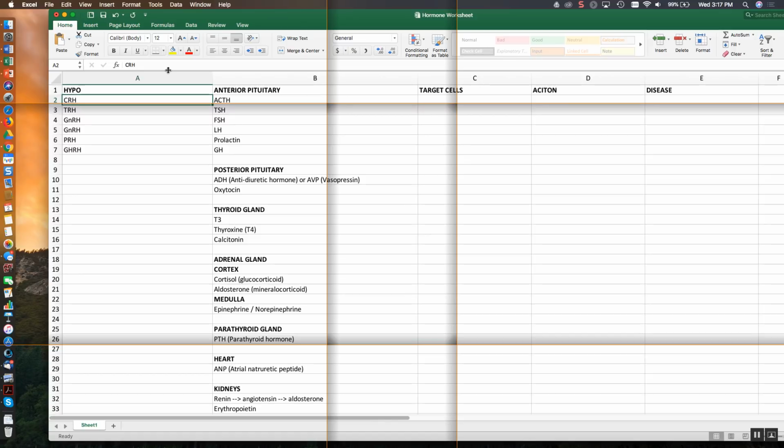B, a condition in which the lower esophageal sphincter fails to relax. C, a condition in which the lower esophageal sphincter fails to maintain tone. And D, a condition in which the esophageal wall weakens, leading to megaesophagus. Okay, so the question is, what is reflux esophagitis? So it sounds like it is where the lower esophageal sphincter fails to maintain tone.